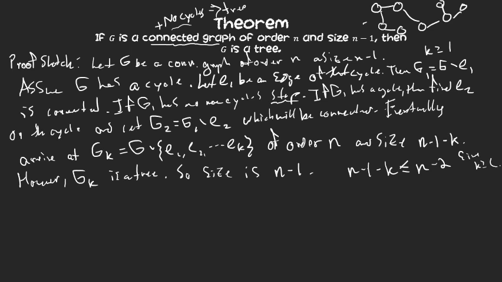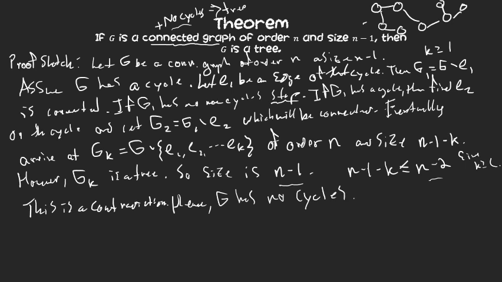And that's a contradiction. So n minus 1 can't be less than or equal to n minus 2. So this is a contradiction. Hence, G has no cycles. It follows that G is a tree.